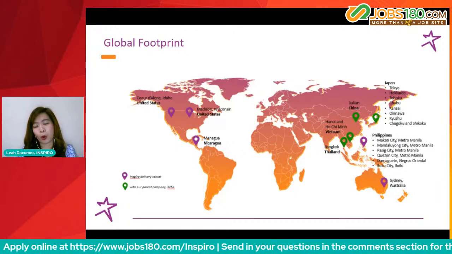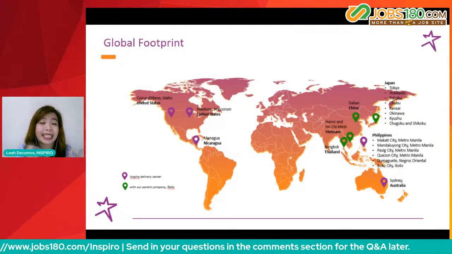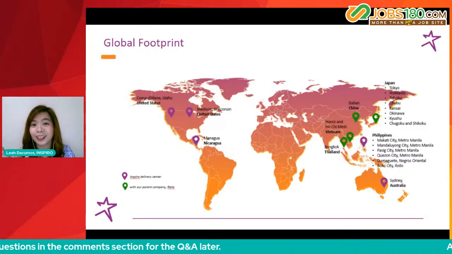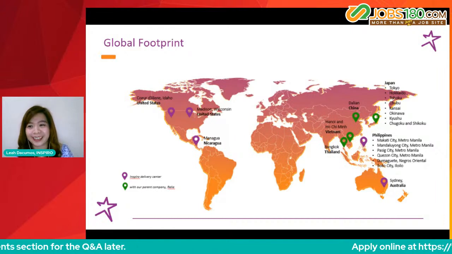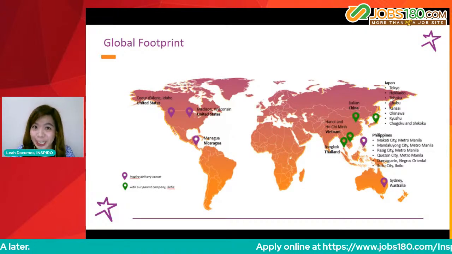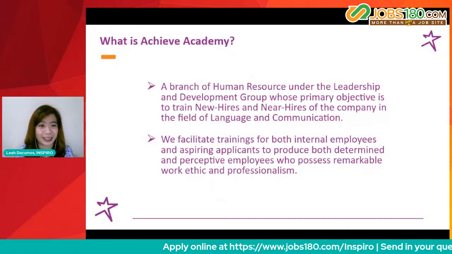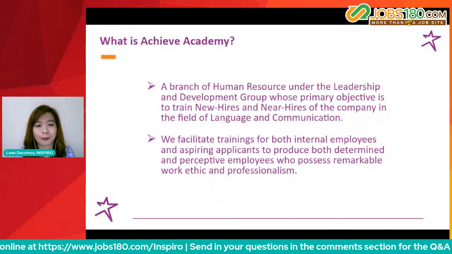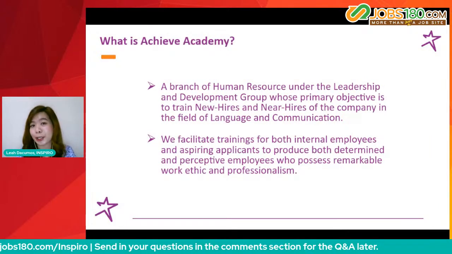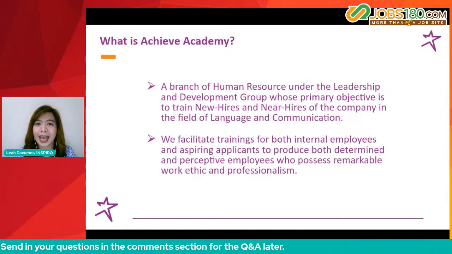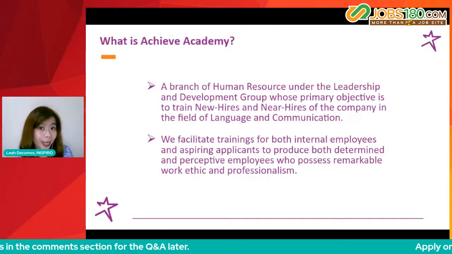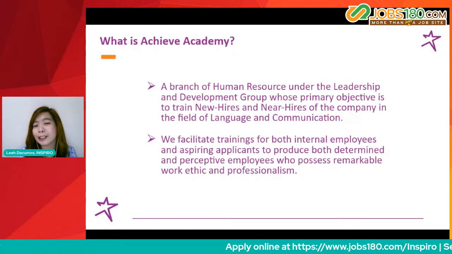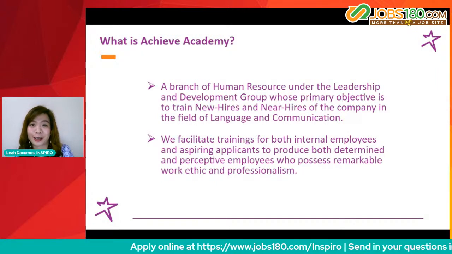And moving forward, Inspiro created a team who are more than willing to help their near hire and new hire employees, which is Achieve Academy. So, what is Achieve Academy? Technically, Achieve Academy is a branch of human resource under the Leadership and Development Group, wherein our primary objective is to train new hire employees and near hire employees in the field of language and communication.